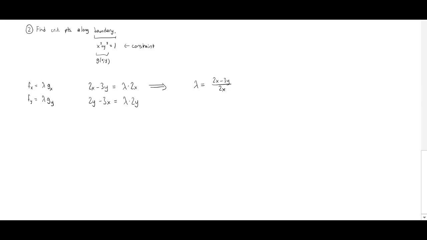And here I'll be able to simplify a little bit. So I can break this apart as 2x over 2x, which would be 1, and then minus 3y over 2x. I'll write it as 3 halves times y over x.